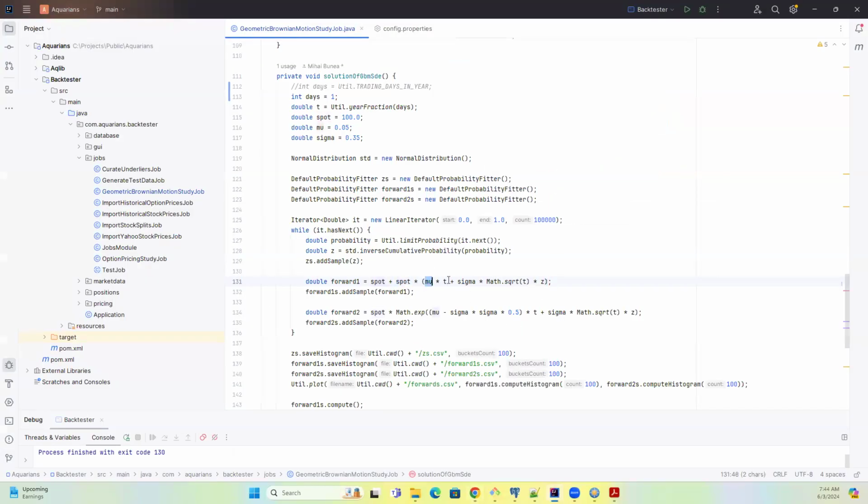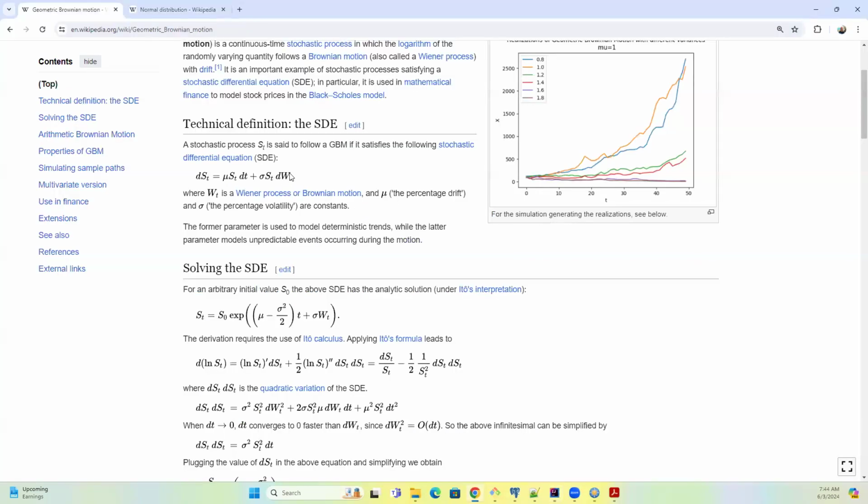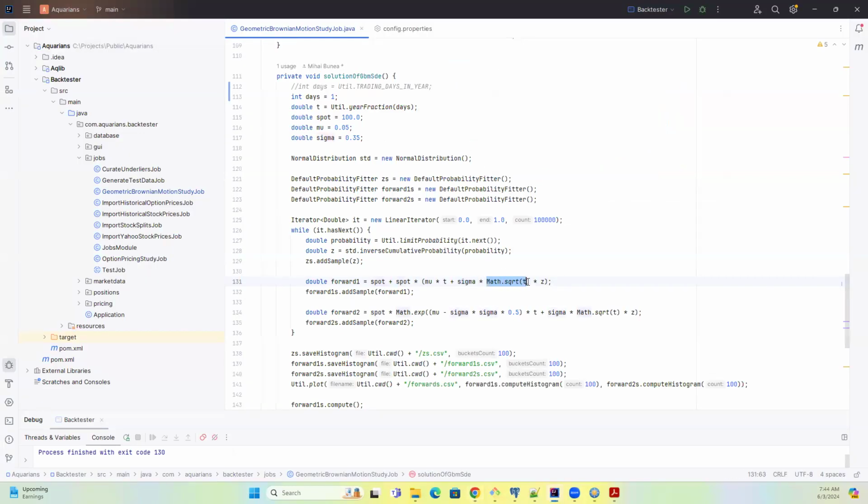So mu times t plus sigma times the differential of the Wiener process, which is actually this thing discussed in this paper: square root of time times this random variable. That's why we need it. So that's the first formula.